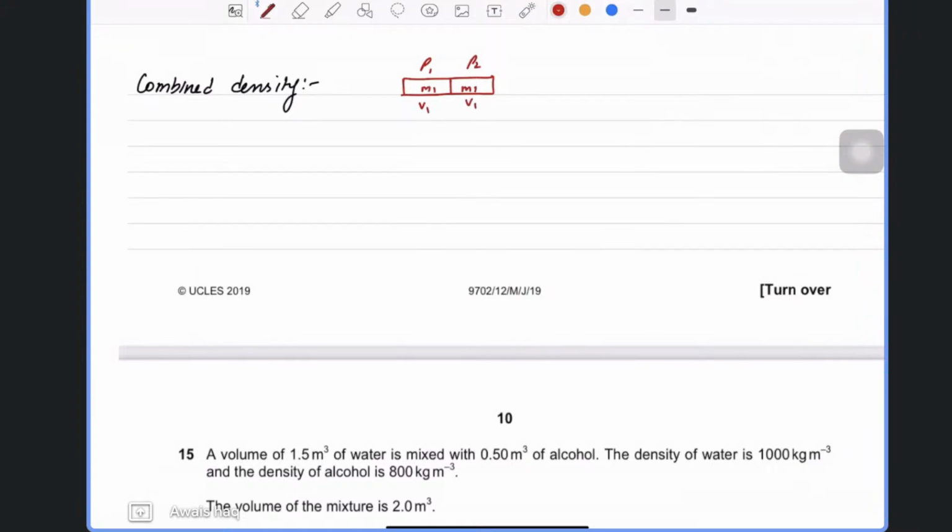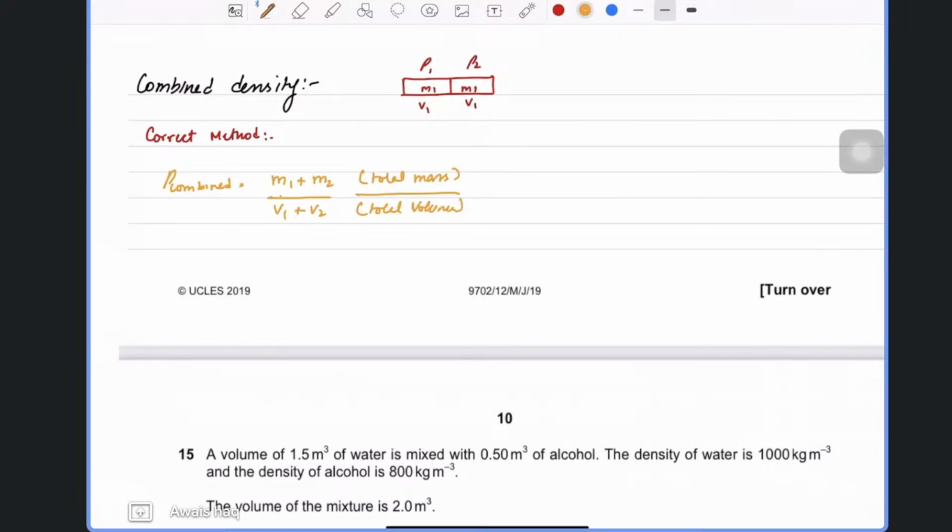So what most people do, and that is the correct method, is that to find the combined density, you need to add the masses together to find the total mass, and then you divide by the total volume. So this is the right method of doing this.